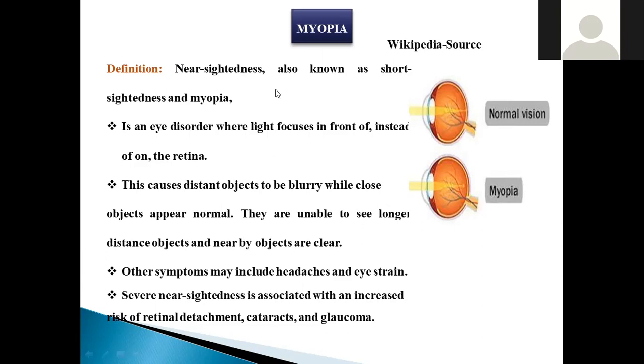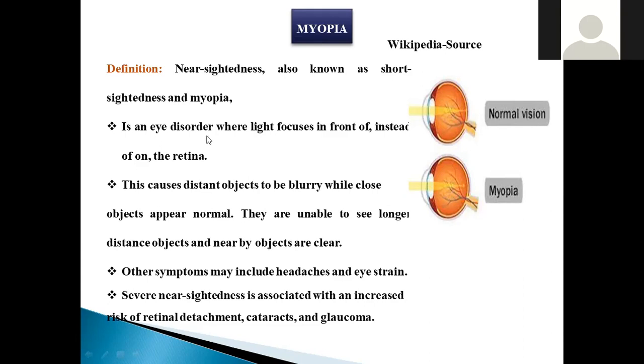So only near distance objects are clearly visible. That is called myopia. Alternate names for myopia are nearsightedness, also known as short-sightedness. Near objects are clearly visible, far objects are very difficult and get blurred to the human eye. That kind of condition is said to be myopia.